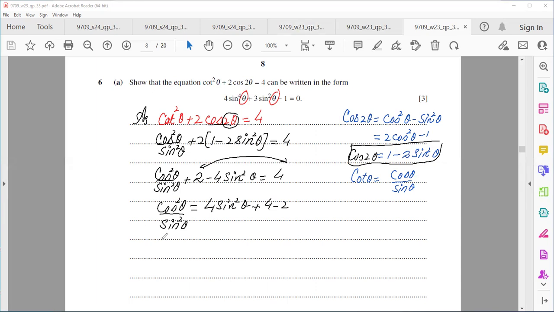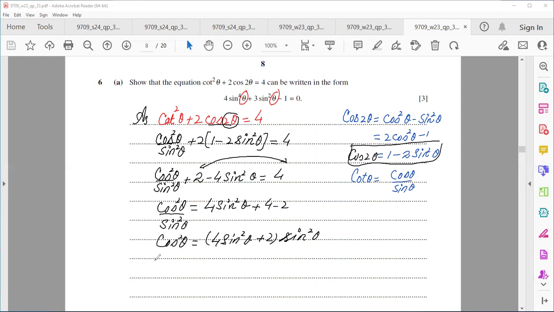You have to write this one as cos square of theta, that becomes 4 sine square of theta plus 4 minus 2 becomes plus 2. And you have to multiply by the whole thing, the sine square of theta. Because in the required equation, there is no need of the cos square.